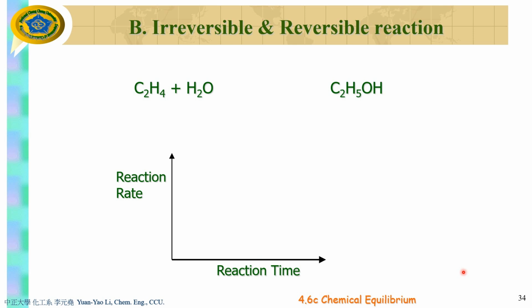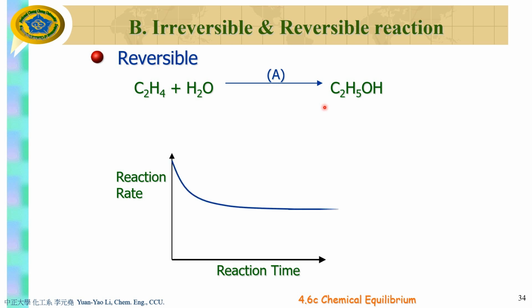And how about reversible? This is an example of a reversible reaction: C2H4 plus H2O can become C2H5OH. What is this? Ethanol, right? Alcohol. It can go this way, and it can also go the other way. The reaction rate will be very fast in the very beginning, and then it will become a steady state, a constant rate in the end. You might ask, Professor, why isn't it going to zero? Because it is reversible.